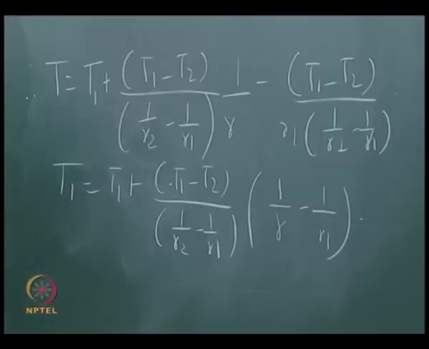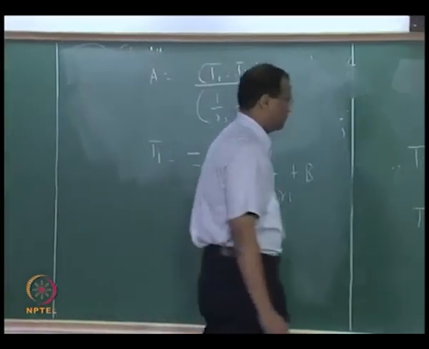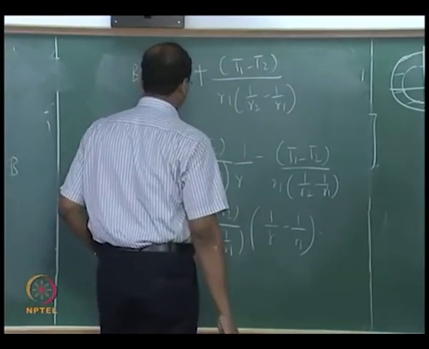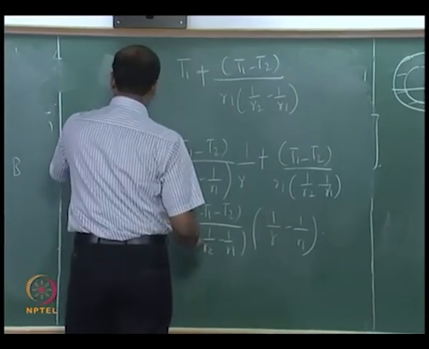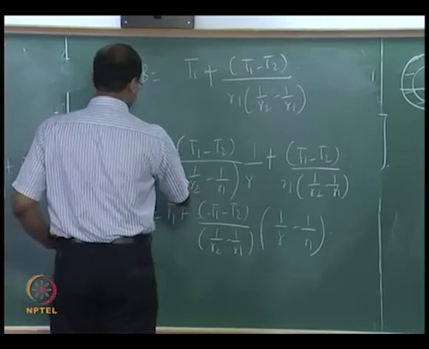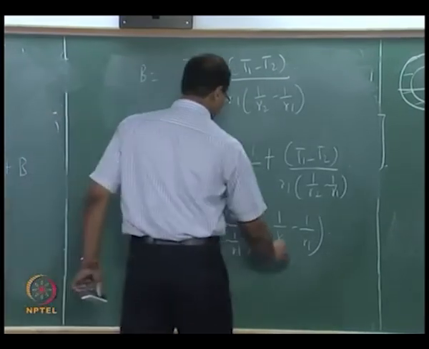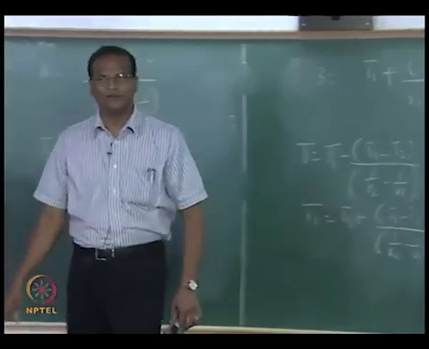Some of which is minus, which is plus. So B will be T1 plus. There is minus. This is minus? Yes, sir. Okay. Then B will be plus. Very good. So everything is plus. Then we are in trouble. Maybe I made more mistakes.